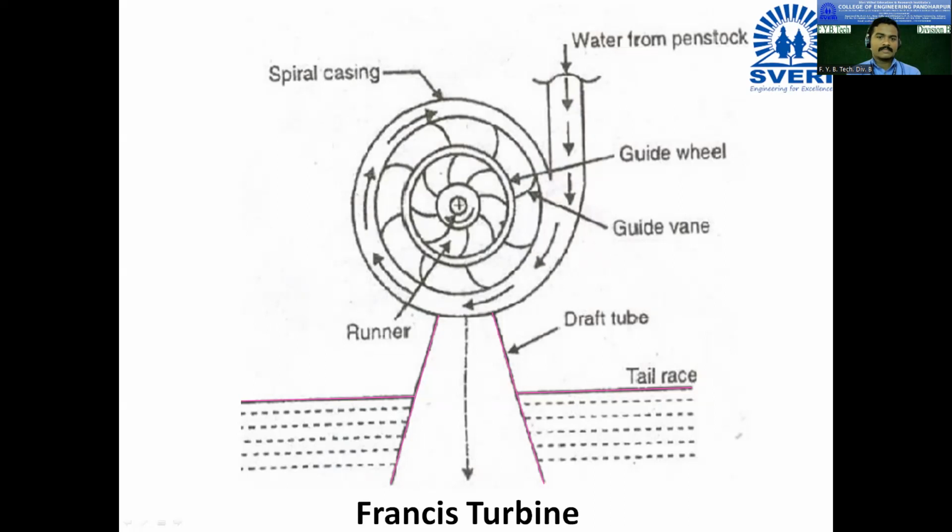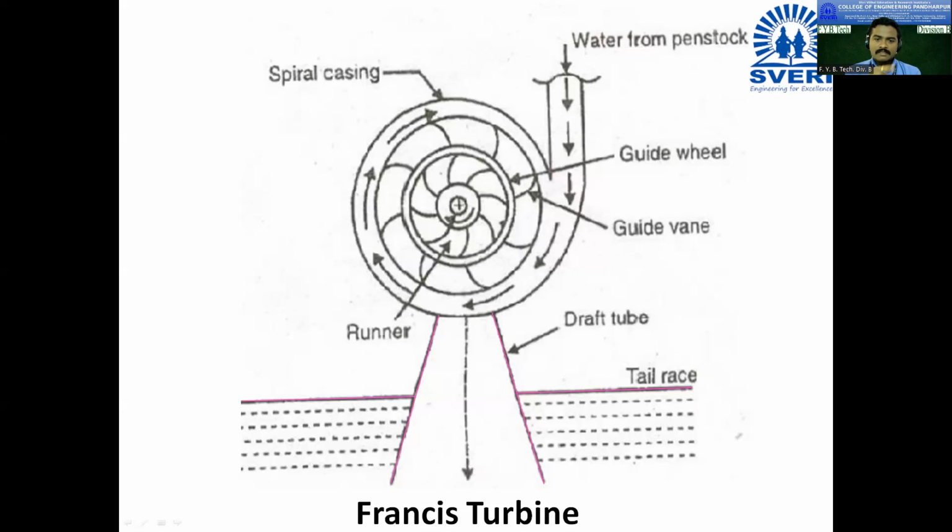Then there's a spiral casing. Here the guide vane is an additional part as compared to the Pelton turbine. In the Pelton turbine, you see only the runner part. Here the runner is there as well as guide vanes. So we'll understand the function of each part.